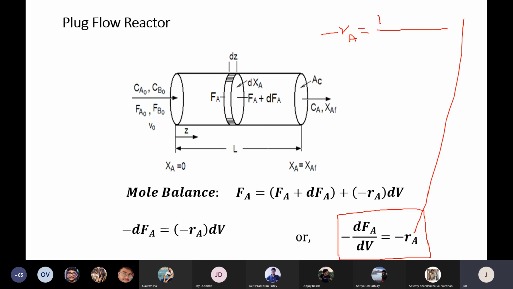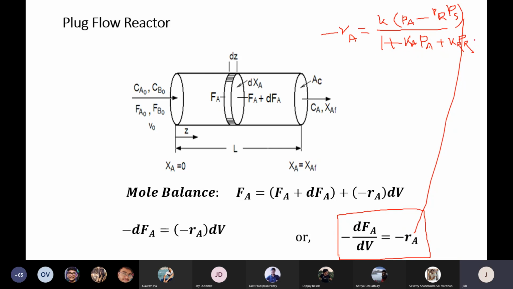So the rate models can be given like this: k1 multiplied by PA minus PR PS in the numerator, and the denominator will be 1 plus KA PA plus KR PR, like this, and so on. So in the denominator, there will be some adsorption terms.